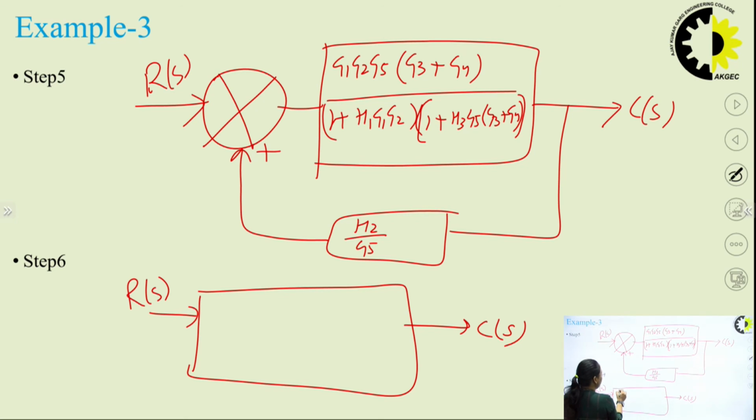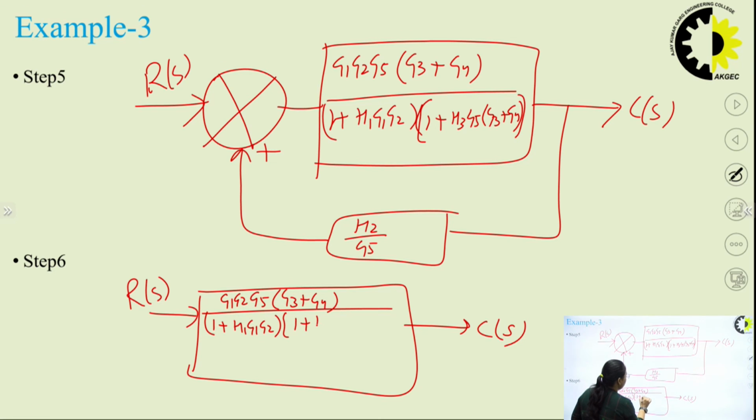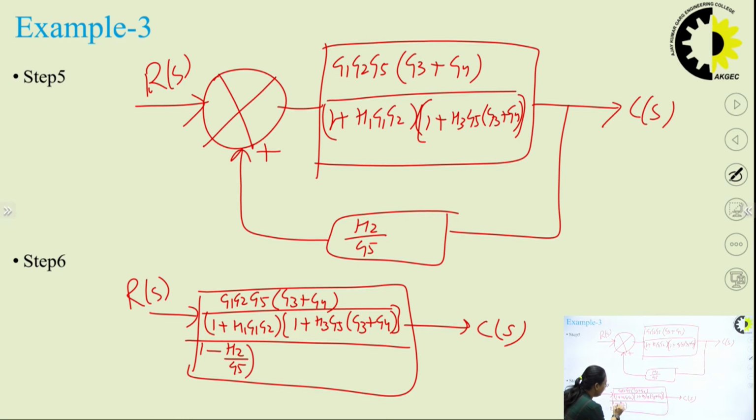So it will become G1 G2 G5 into G3 plus G4 upon 1 plus H1 G1 G2 into 1 plus H3 G5 into G3 plus G4, upon 1 minus H2 upon G5 into this whole term. This will be the transfer function of the system which is given to us.